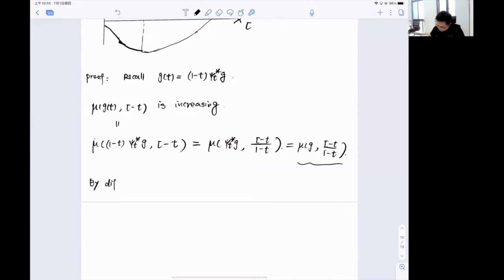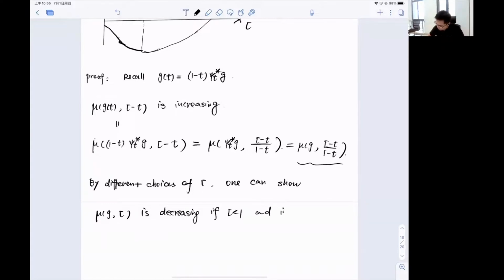Now, by different choices of tau, one can show the mu g tau is decreasing if tau is less than 1 and increasing if tau is greater than 1.